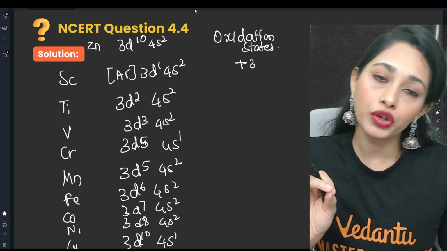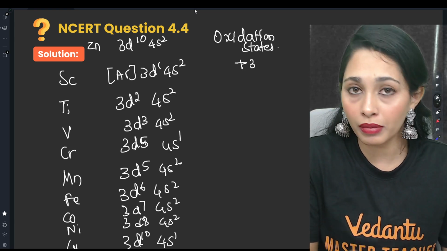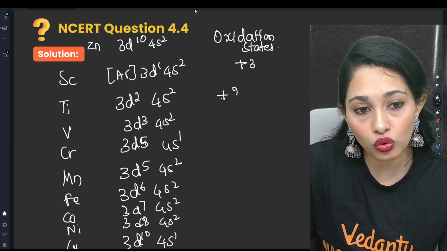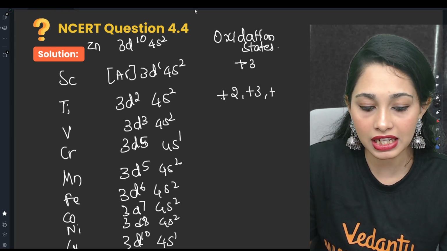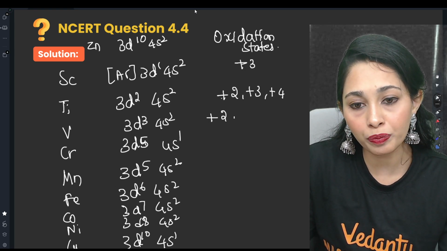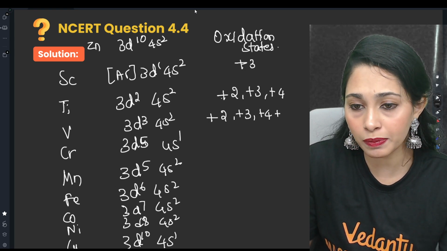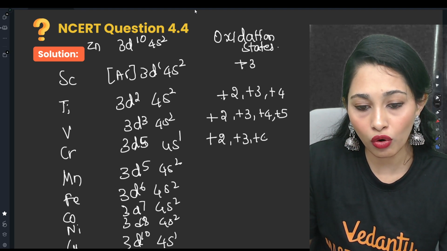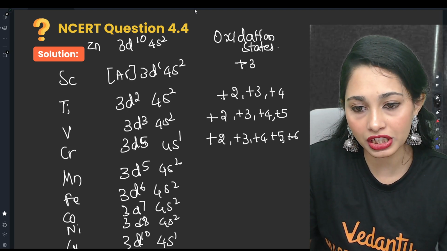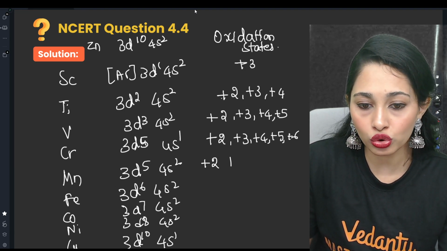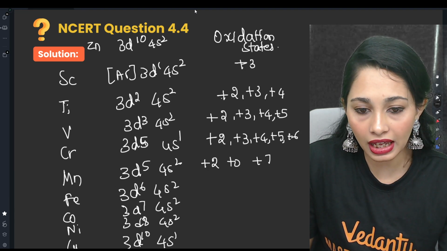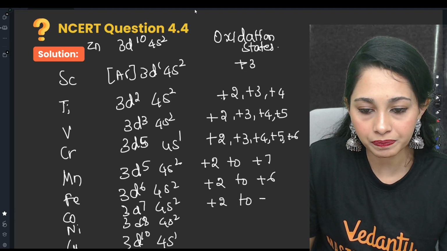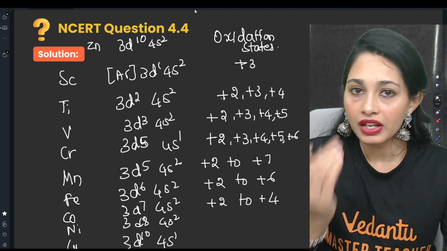So scandium does not show +2, rather +3. Titanium shows +2, +3 and +4. Vanadium shows +2, +3, +4 and +5. Chromium shows +2 to +6, manganese +2 to +7, iron +2 to +6, and cobalt +2 to +4. The list goes on.